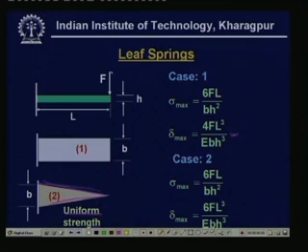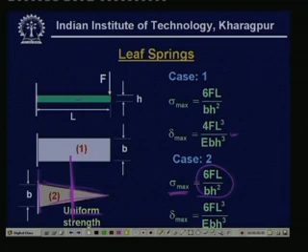If you put on a load F somewhere at the mid section, what do you expect? The bending moment will be FL by 2 and the width will be B by 2. So, BH cube means B by 2 and the other H cube will come into picture. Immediately you can see the stress calculated, sigma max equals to this much, will be the same at this location, but that is not the case over here.